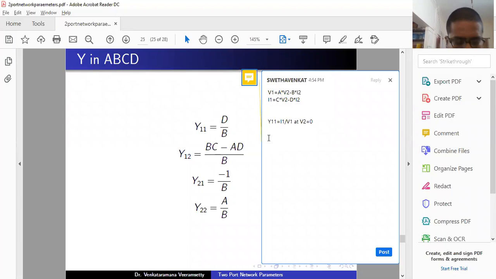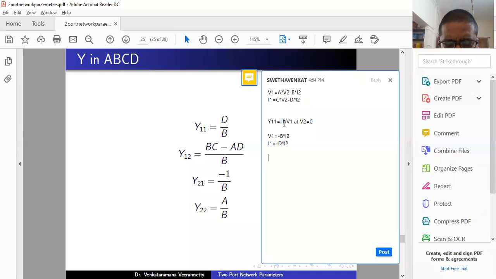Then the two equations become V1 equal to minus B into I2, and similarly I1 equal to, as V2 equal to 0, minus D multiplied with I2, right?